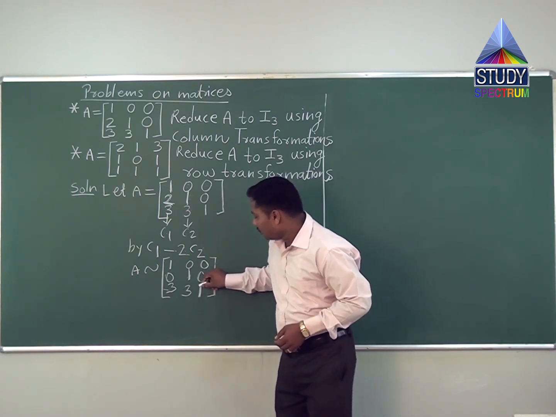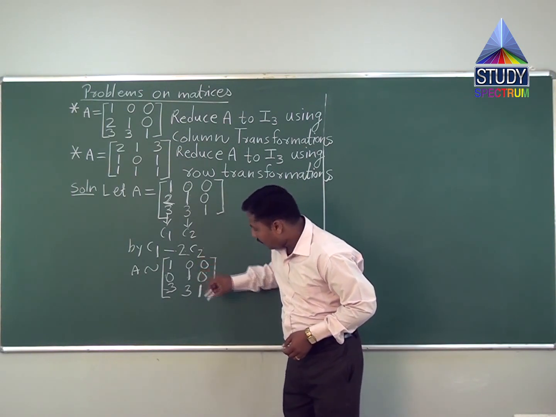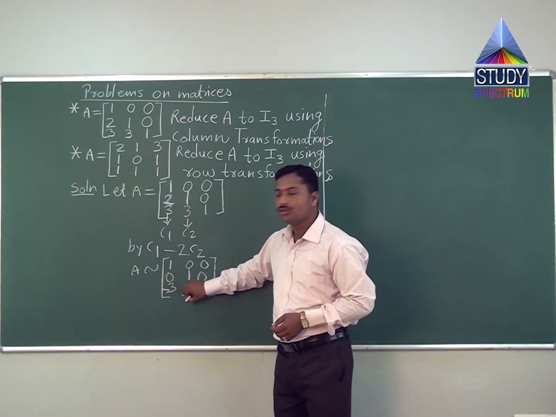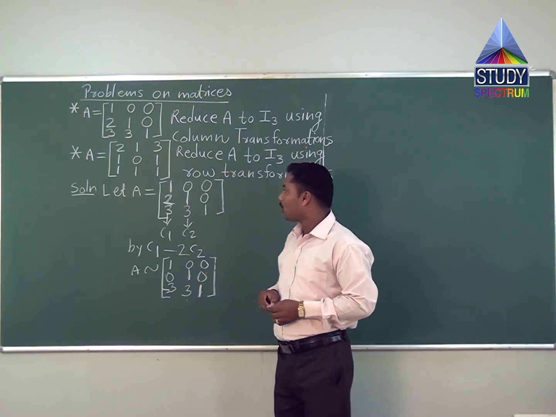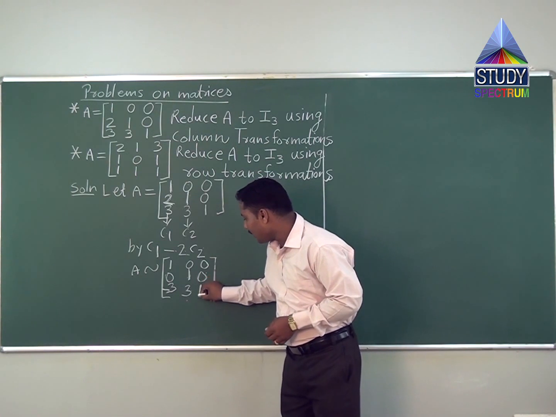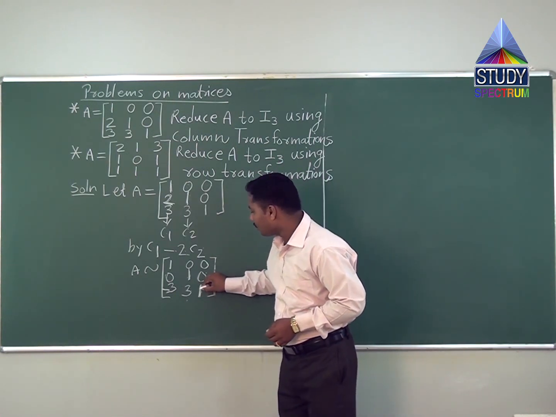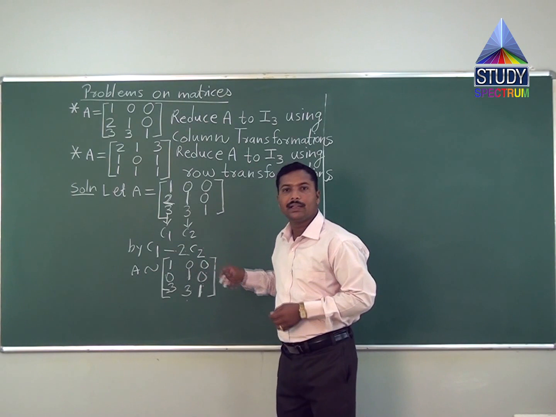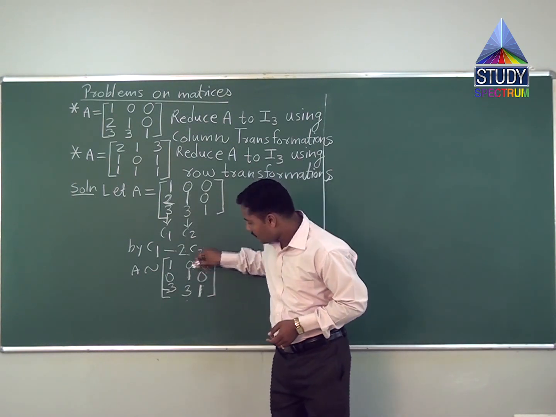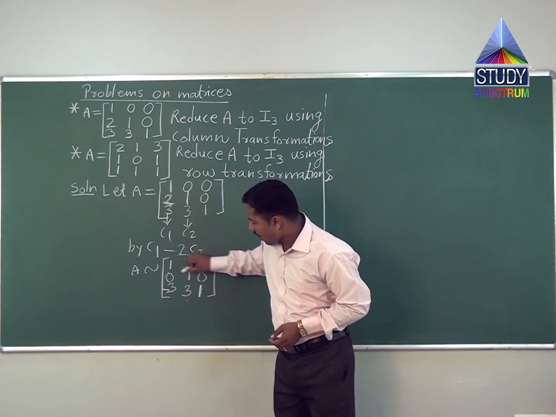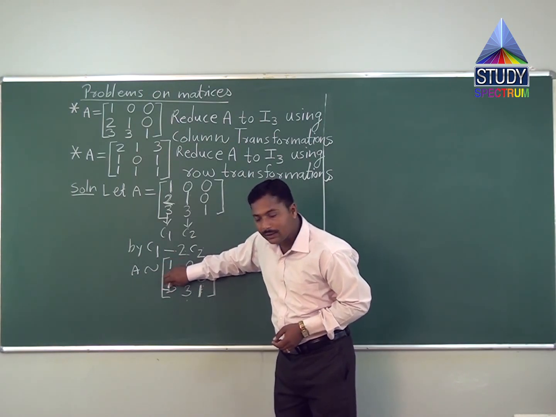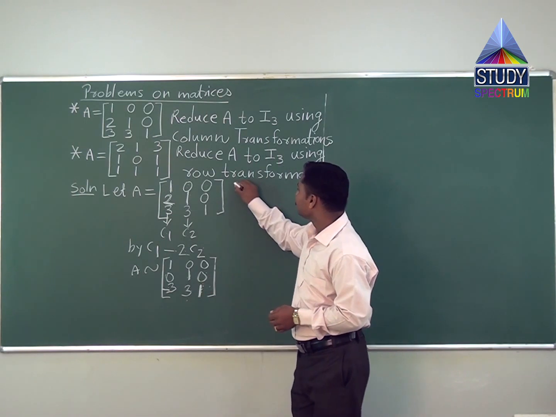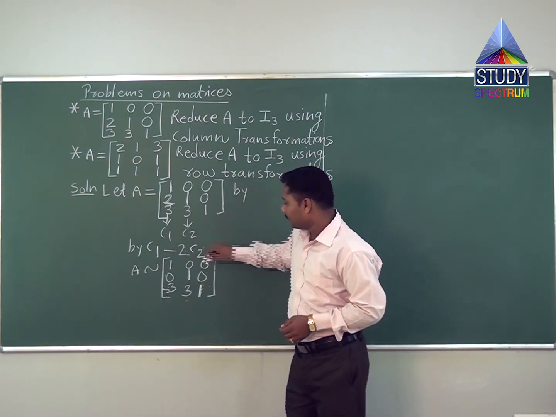Again, using this third diagonal number, we make the two nearby numbers 0 using column transformation. How is this possible? Here is a 1. If we multiply this 1 with this number we get 3, and 3 minus 3 can be 0. Here also, if we multiply this number by 3 and add minus 3, then minus 3 plus 3 is 0.